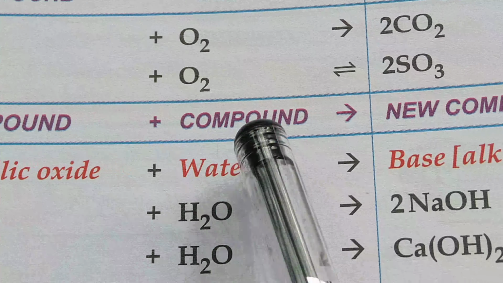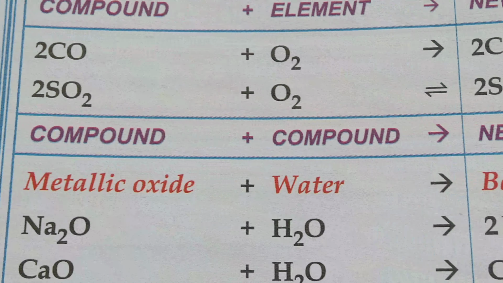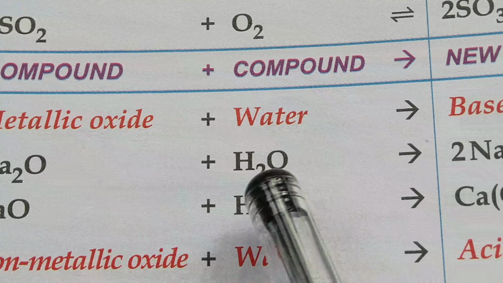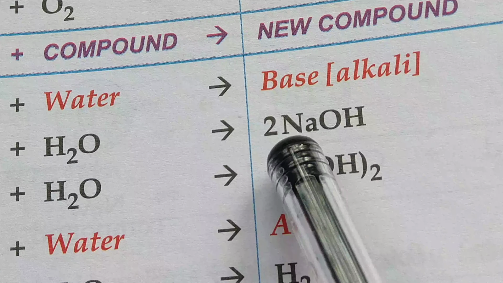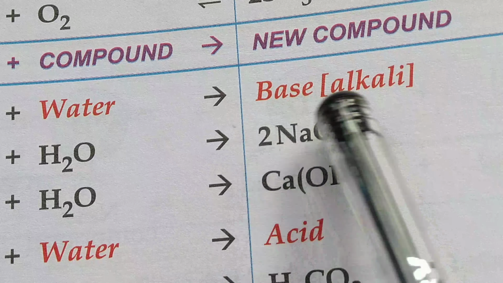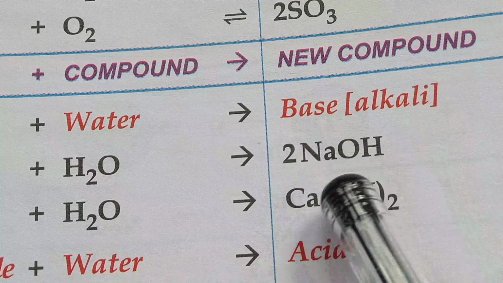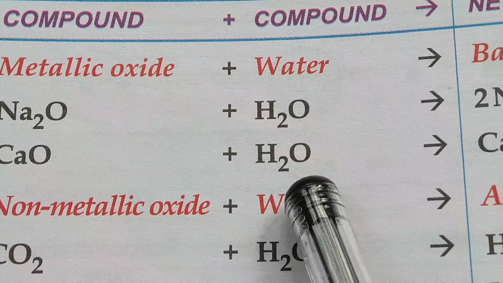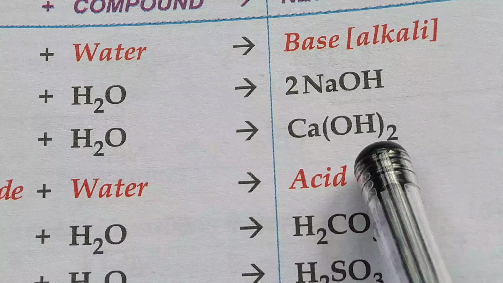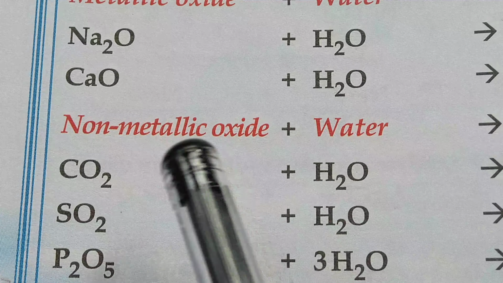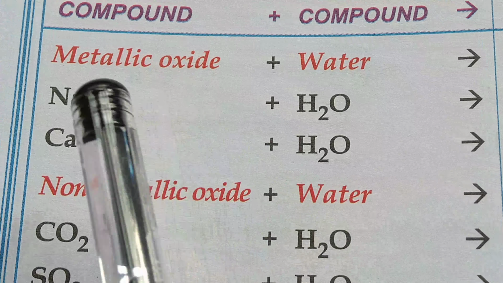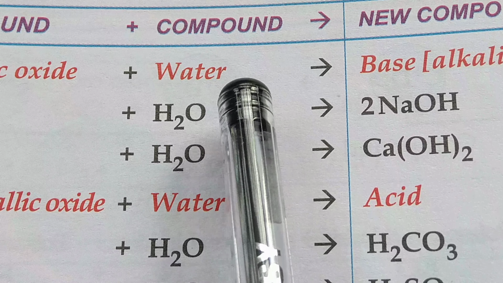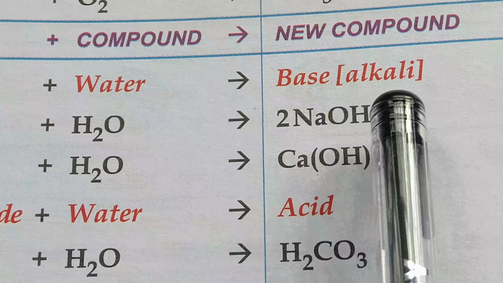Next, compound plus compound, a new compound is formed. Like metallic oxide plus water. Sodium oxide plus H2O produces sodium hydroxide, a base, an alkali, because these are common bases. Calcium oxide plus water produces calcium hydroxide. Same way, non-metallic oxide plus water. If we add water to a metallic oxide, it produces a base.